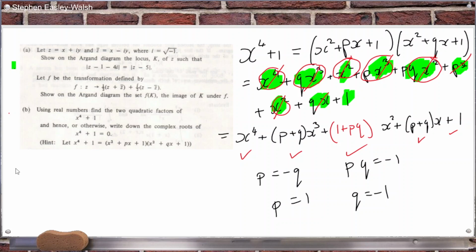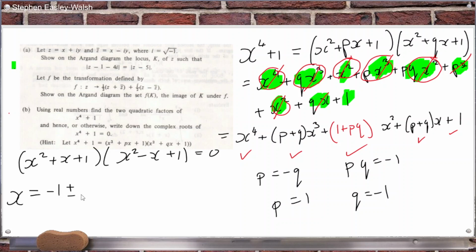So that's good. So now back here. That's x squared plus x plus 1, and then x squared minus x plus 1, equals 0. Now, can we factorize here? I don't think so. So, quadratic formula. x equals minus b plus or minus the square root of b squared, which is 1, minus 4ac, all over 2a. And then here, minus b plus or minus the square root of b squared, which is 1, minus 4ac.